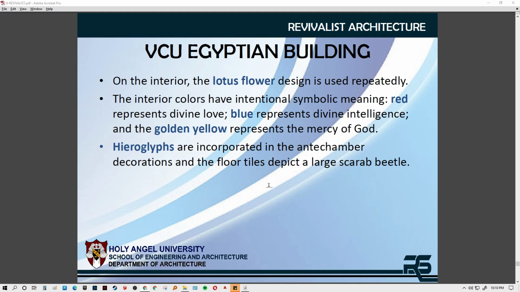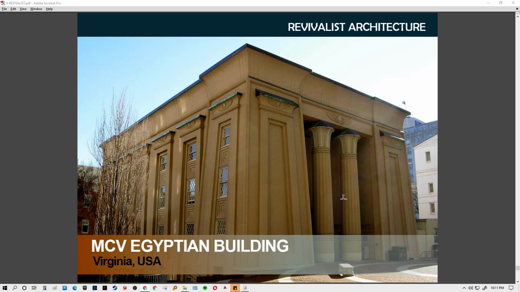For Egyptians, the scarab beetle represents resurrection. So here's the look of the building from the exterior. They have large columns, then the shaft of each, or the battered walls, gives a different appeal.